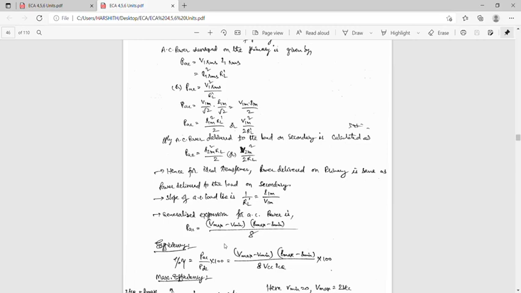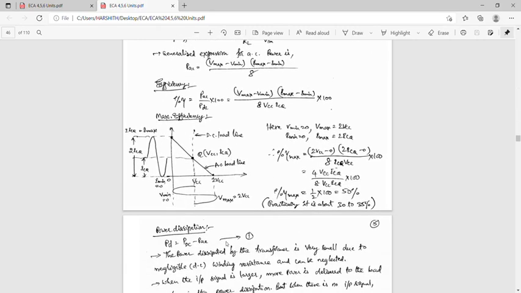And a generalized expression for the AC power: PAC equals (V maximum minus V minimum) into (I maximum minus I minimum) by 8. And the next one is the efficiency.